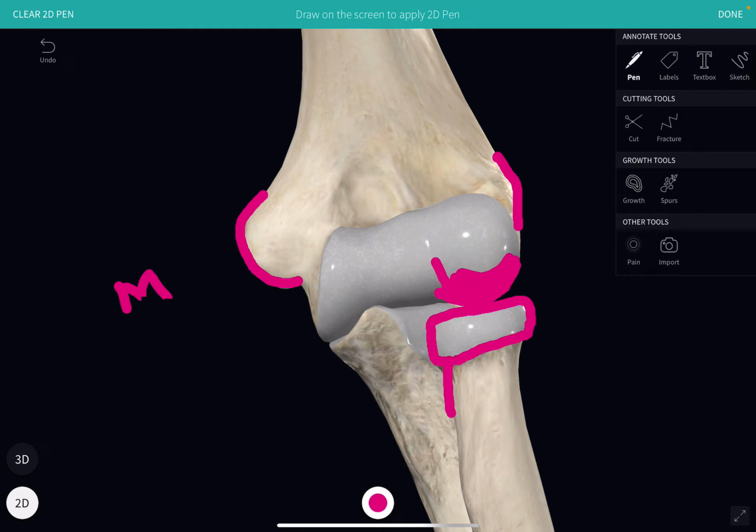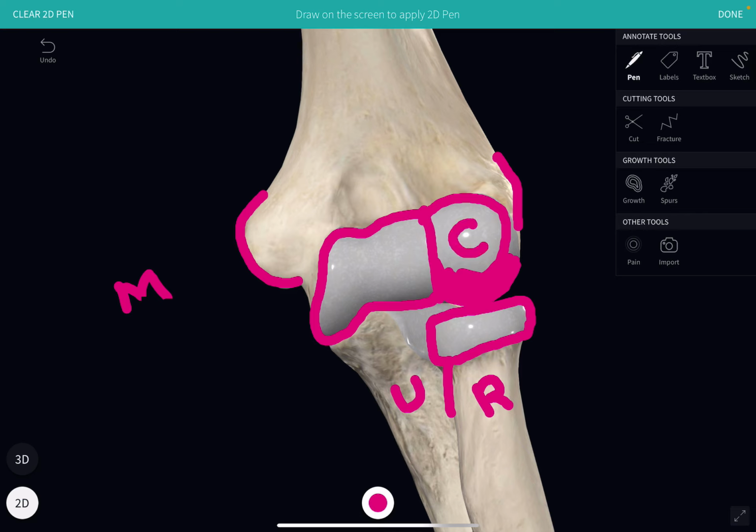The remaining part that lies medial to the capitulum is the trochlea. It's a pulley-like structure which is going to articulate with the ulna. Ulna here, radius here. So this is the articular part of the lower end, consisting of the capitulum and the trochlea.